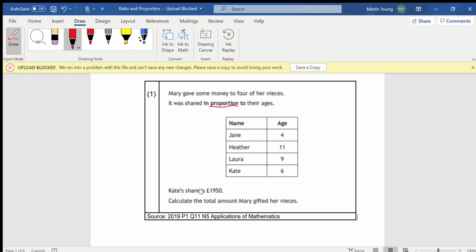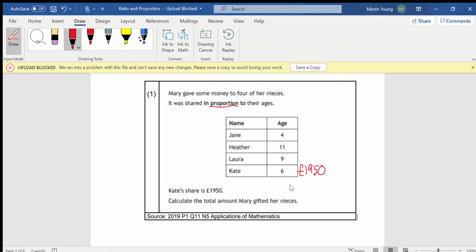We're told that Kate's share is £1,950, so that's Kate there. Calculate the total amount of money that Mary gifted her nieces. Okay, so what we're told is that Kate's share is 1,950, so I'm going to put that here.